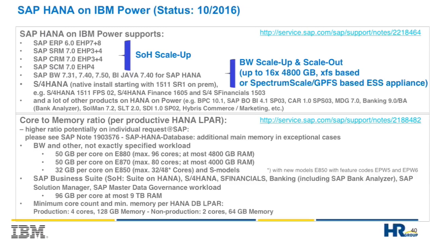We are on the way to bring that much higher. Our biggest BW LPAR can be 4.8 terabytes. That is today 1 terabyte higher than on x86. So that means when you have right now a 4.1 terabyte or 4.5 terabyte BW HANA machine, you have to go on x86 to scale out. On Power, you can do a scale up.